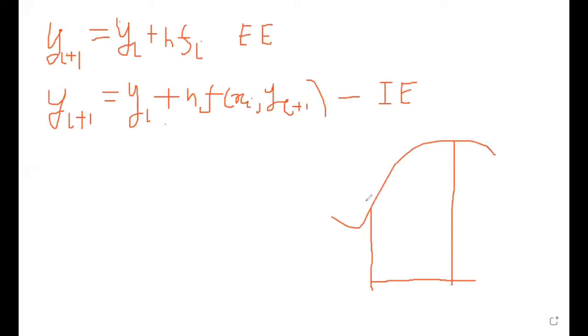One way is that we have approximated this area by this green rectangle, and in the explicit case we approximated this geometry by another rectangle, like this.